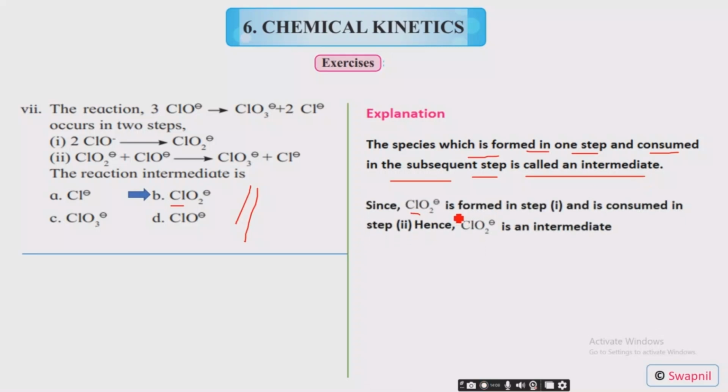Since ClO2 minus is formed in the first step and is consumed in the second step, hence ClO2 minus is an intermediate. You must remember that an intermediate does not appear in the overall reaction. So here the correct option is option B, that is ClO2 minus is the intermediate.